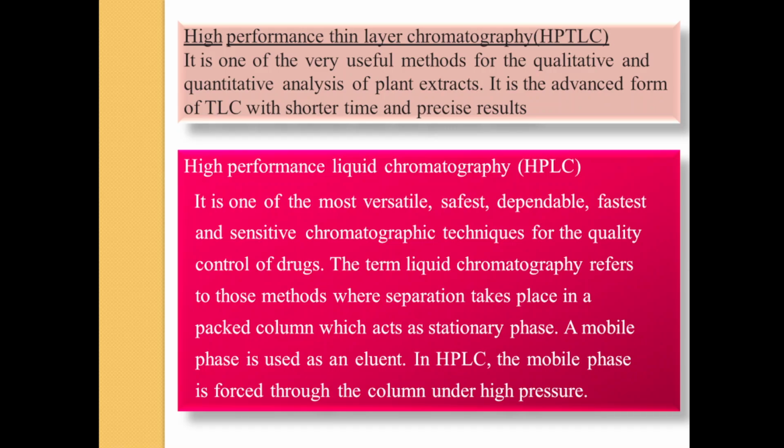Now the sample will run over the stationary phase. According to their affinity towards the stationary phase, the different constituents present in the extract will move at different rates, and in this way they will separate on the column, and each constituent will give a peak.